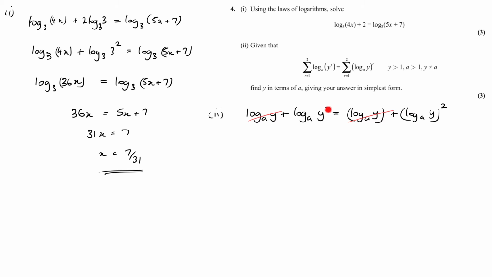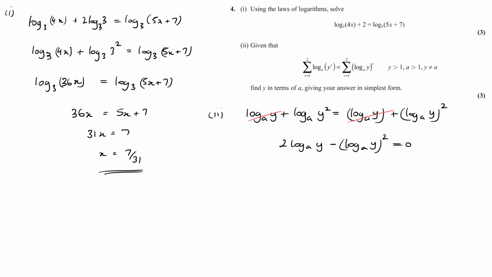And then we want to bring this power down. So we've got 2 log a y minus, and I'm going to bring this over, log a y squared, and that equals 0.